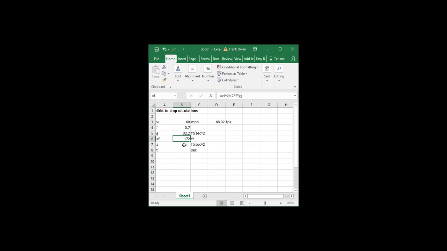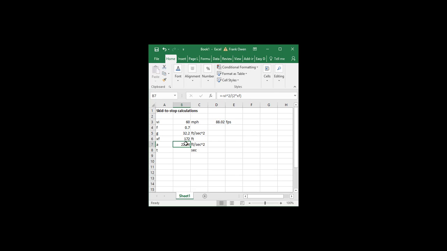The acceleration turned out to be minus the initial velocity squared divided by 2 times the final skidding distance. So I'll put that formula in: equals minus VI squared divided by 2 times XF.